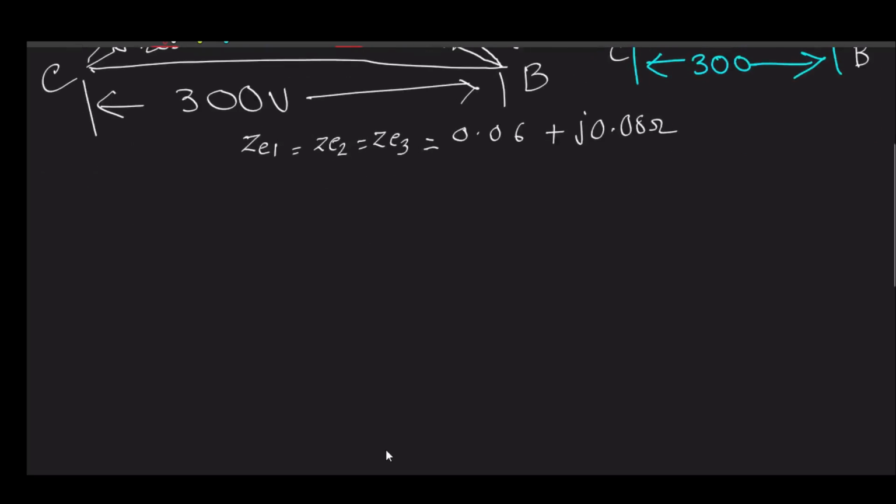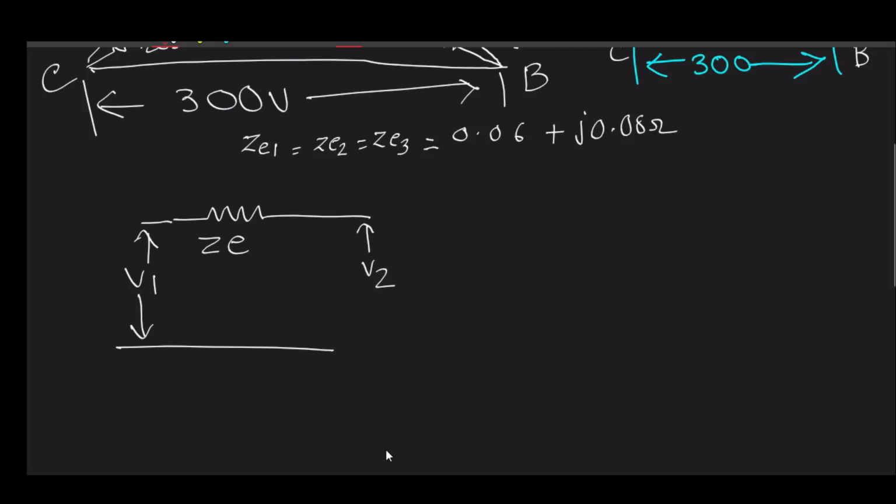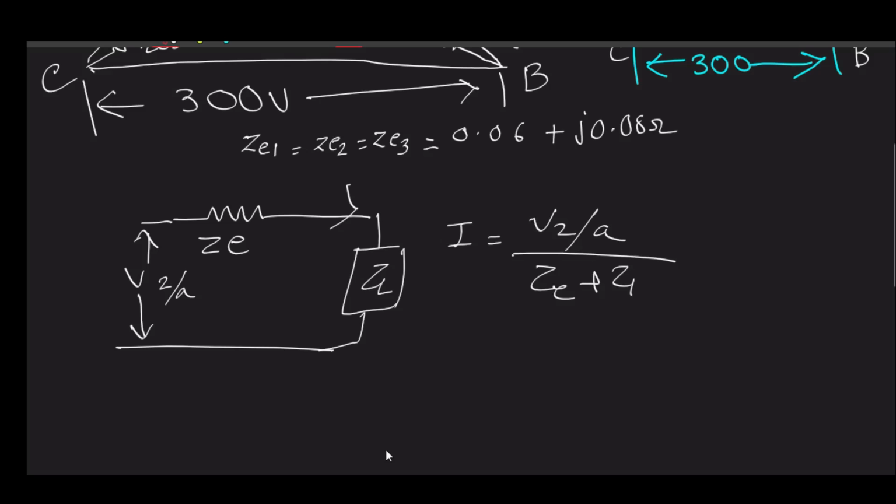Because if you recall, for a simple single phase transformer, if you have a load like this, and this is your series branch, and here you are giving V1, then you will get here V2 by A. And here if you connect a load ZL, then the total current should be I equal to V2 by A divided by ZD plus ZL, right?